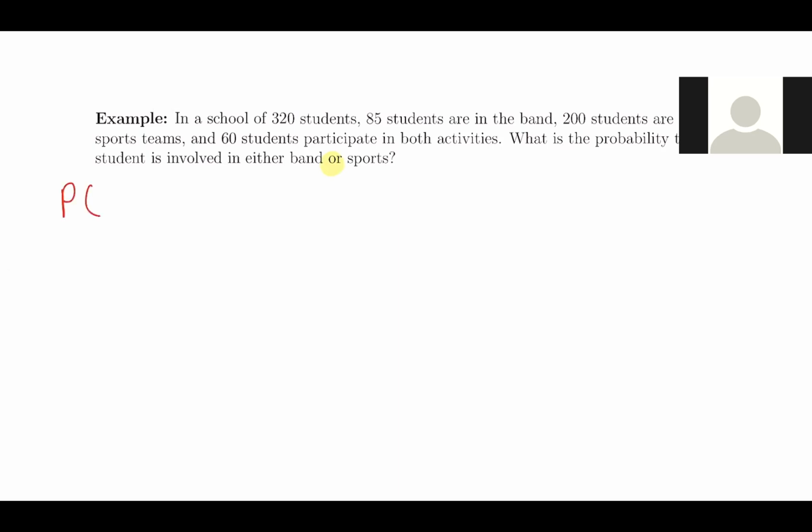If you look at this problem, they're telling us about two different types of students: students who are on a sports team, but also students who are in band. So we're going to find sports, but we're also going to do band.